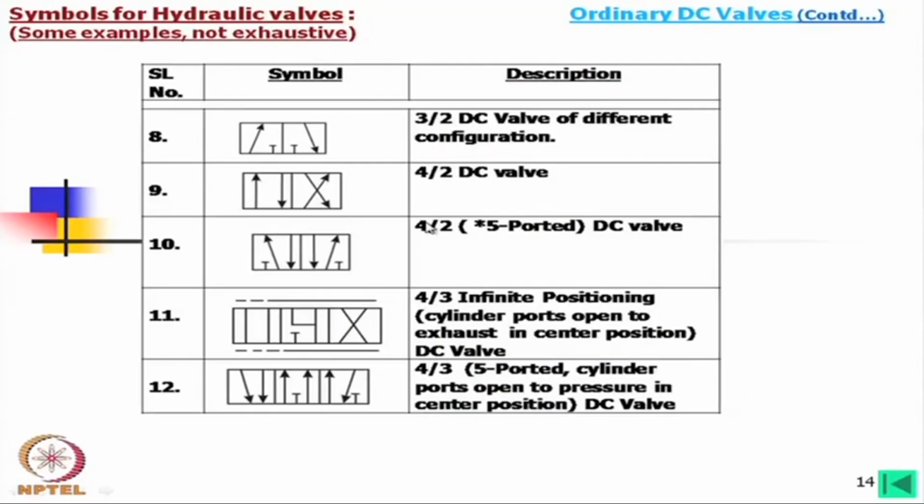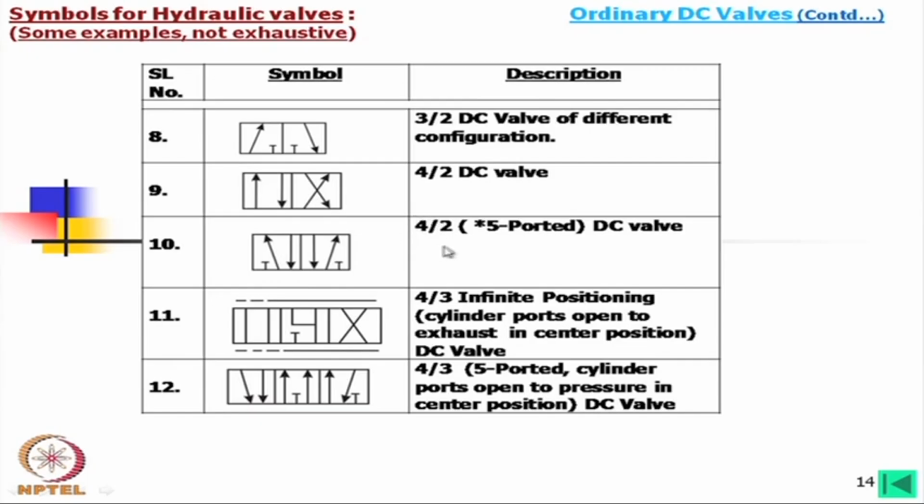Okay. So, as you see, this is a 5/2, or 4/2, 5 ported DC valve. As you see, we have 5 ports. How? 1, 2, 3, 4, 5. The 5 ports, but basically this is a 4/2 valve, because we have 2 positions and we use 4 ports.